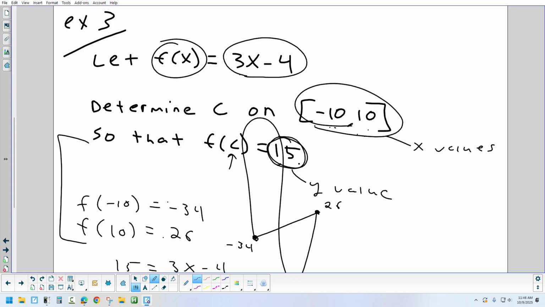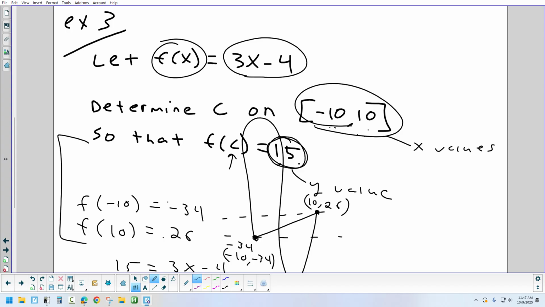Remember, these are y values. This is negative 10, comma, negative 34. This is positive 10, comma, 26.